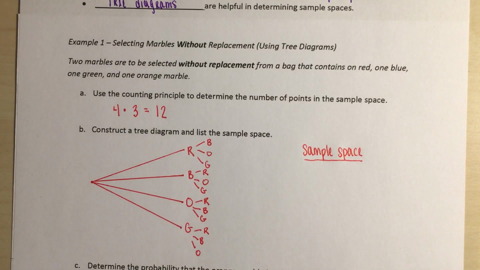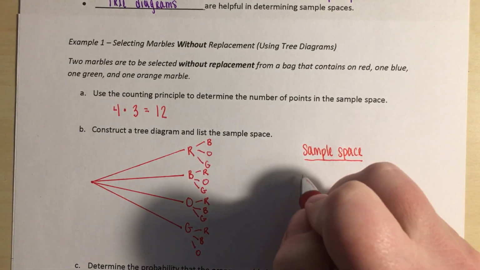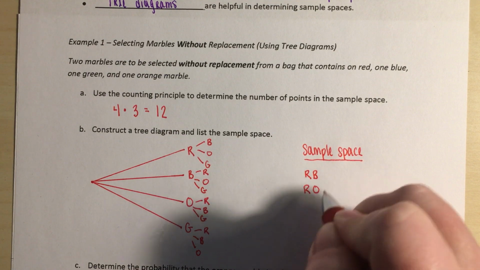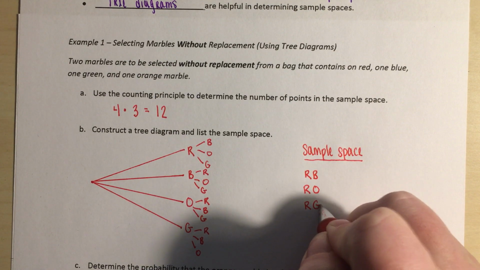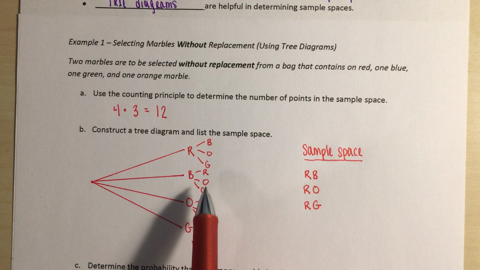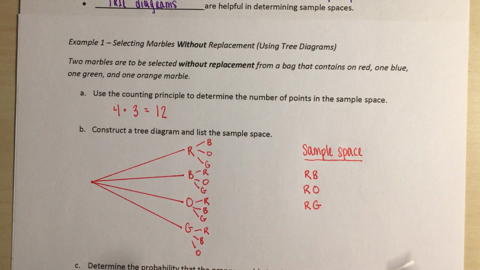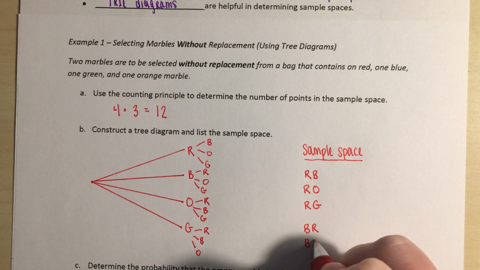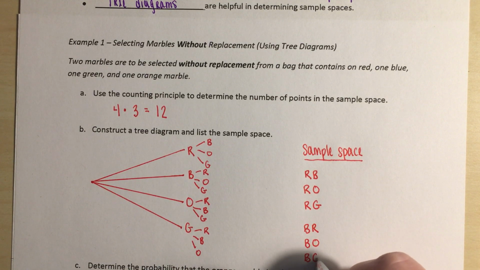So for our sample space, looking at this first one, well, we could draw a red and then a blue, a red and then an orange, a red and then a green. Looking at this little group here, we could do a blue and then a red, a blue and then an orange, a blue and then a green.